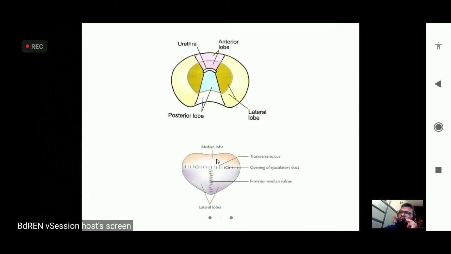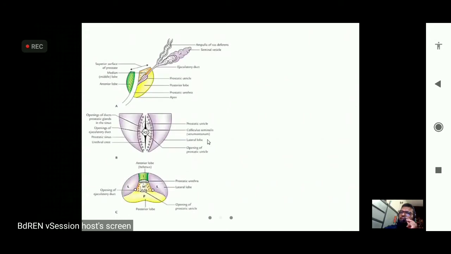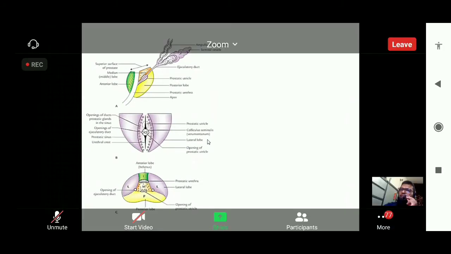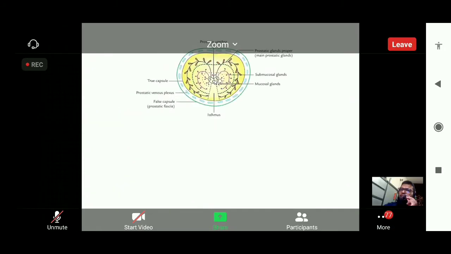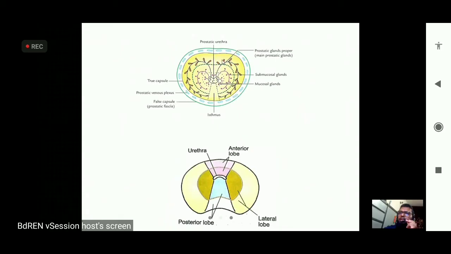Now let us see how these glandular structures are arranged in the substance of the prostate. So this is the mucosal gland, then submucosal gland, and the main prostatic glands, which lie on the most peripheral part.